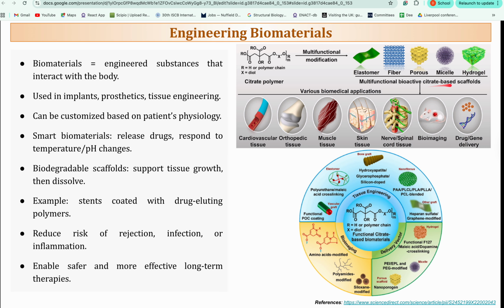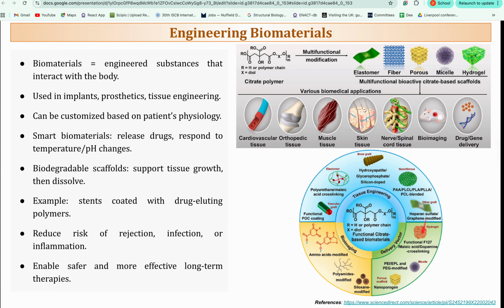So these multifunctional bioactive scaffolds can be used for all these purposes. This comes under biomaterials, and with the engineering of these biomaterials we can advance these treatment therapies.